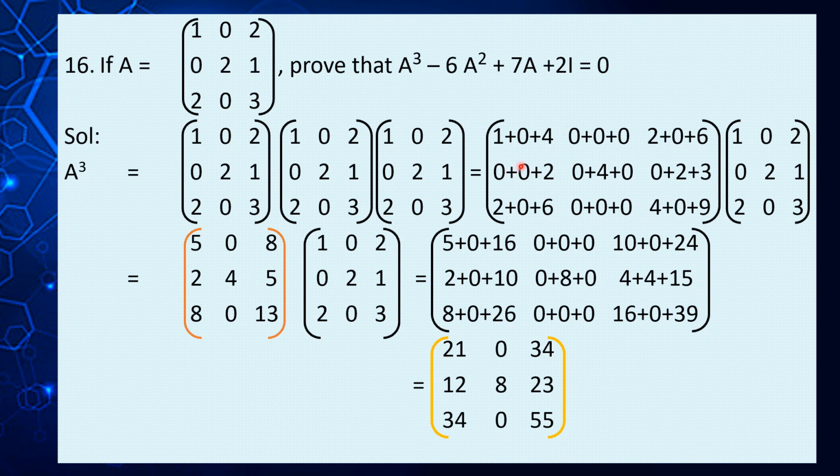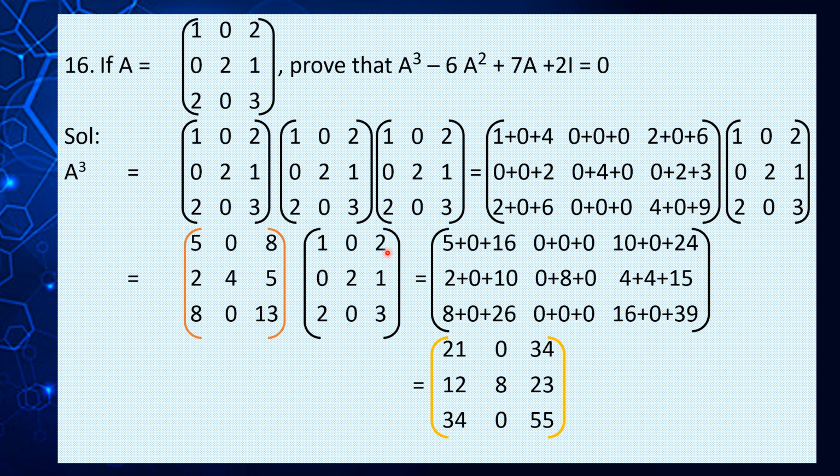A square would be 1 plus 0 plus 4, 0 plus 0 plus 0, 2 plus 0 plus 6, 0 plus 0 plus 2, 0 plus 4 plus 0, 0 plus 2 plus 3, 2 plus 0 plus 6, 0 plus 0 plus 0, 4 plus 0 plus 9. That would give us the value of A square, which is this one.